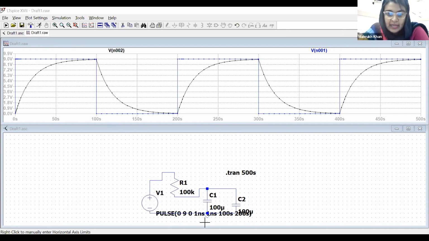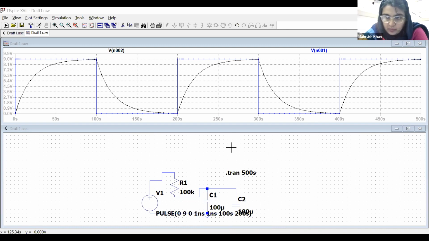Someone said to me that you should keep this 100 seconds. Why did he say that? Because 100 seconds is 5 tau. If I keep it less than 100 seconds, I will not give the capacitor a fair amount of time to charge itself. If I keep it more than 100 seconds, it will charge and reach steady state and then discharge afterwards.